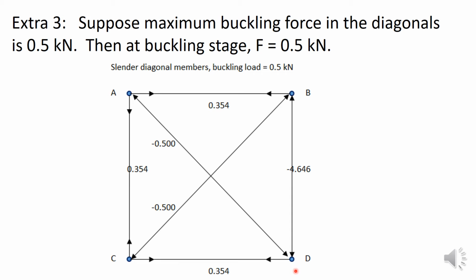Buckled members can have their lengths greatly reduced. If two members buckle, then the structure can become a mechanism. So, for example, these diagonal members have the same forces, so they would buckle at the same time. And in such a situation, the structure can become a mechanism, which means it behaves as if there were no diagonals.